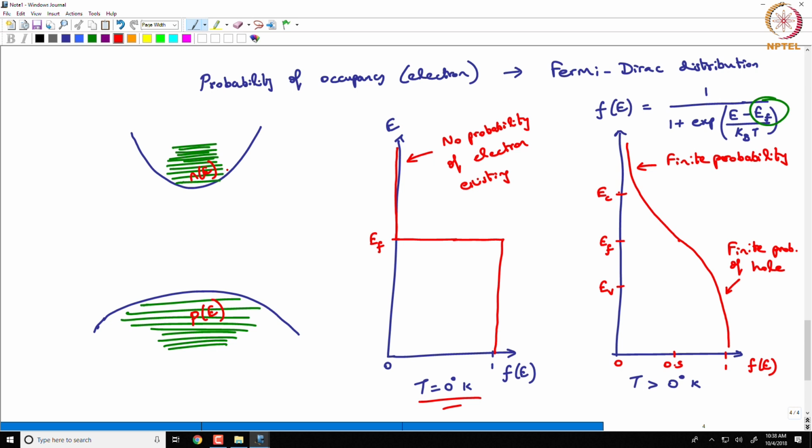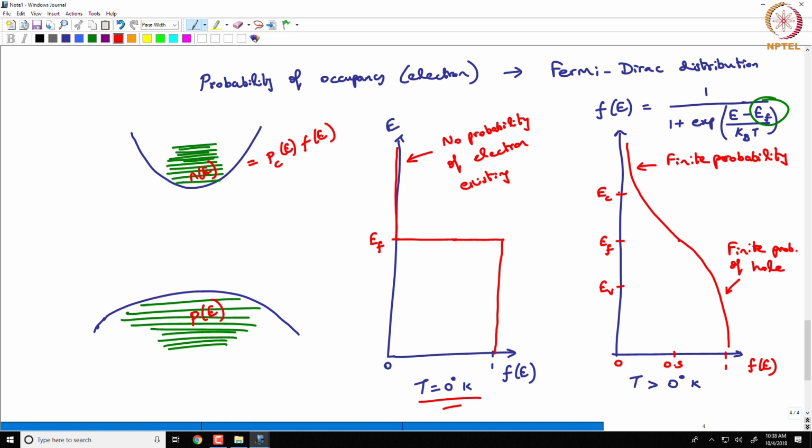That concentration is going to be equal to the density of states rho c of E multiplied by f of E, right.